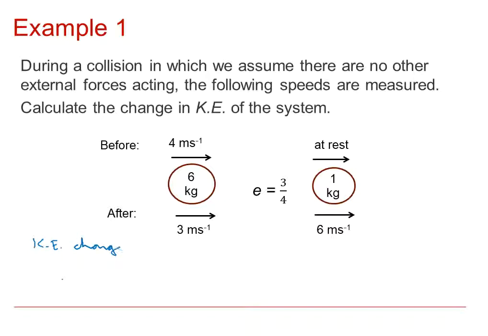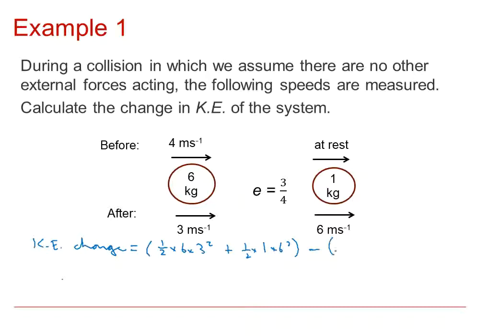If we're doing the change in kinetic energy, we've got to do final kinetic take away the initial kinetic. So the final kinetic energy, we've got half times 6 kilograms moving at 3 meters per second, and we've got a half of 1 kilogram moving at 6 meters per second, so that's 6 squared.